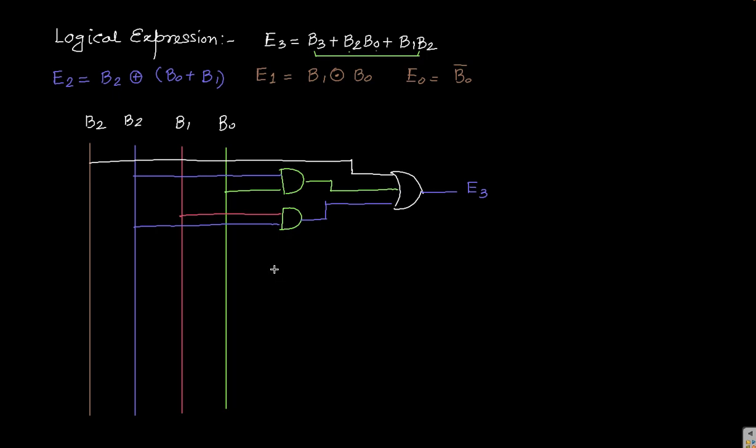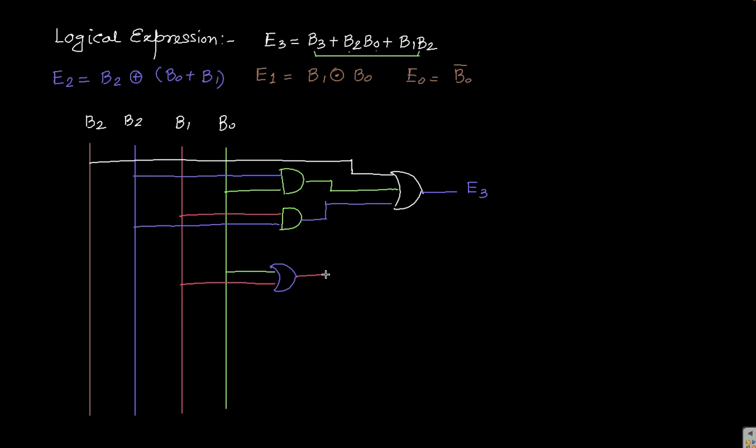Now for the second term, we are taking one XOR gate and one OR gate. So taking one OR gate, B0 plus B1, we are getting B0 plus B1 over here.